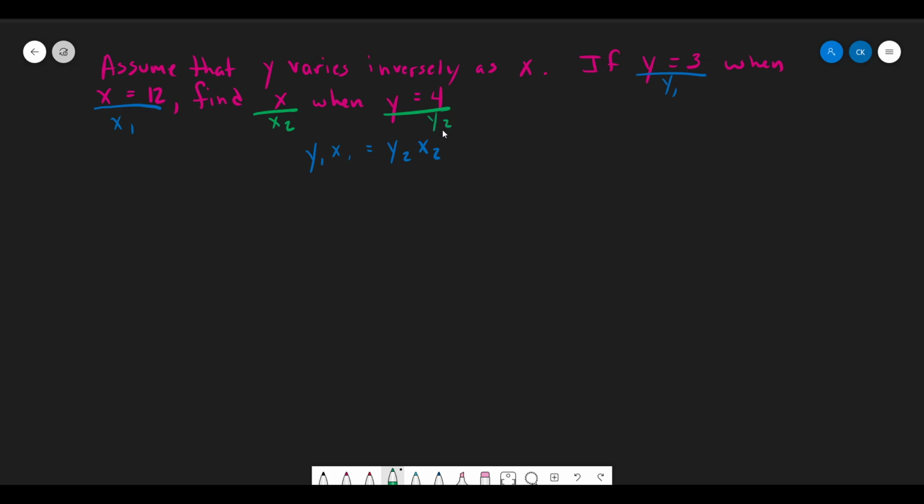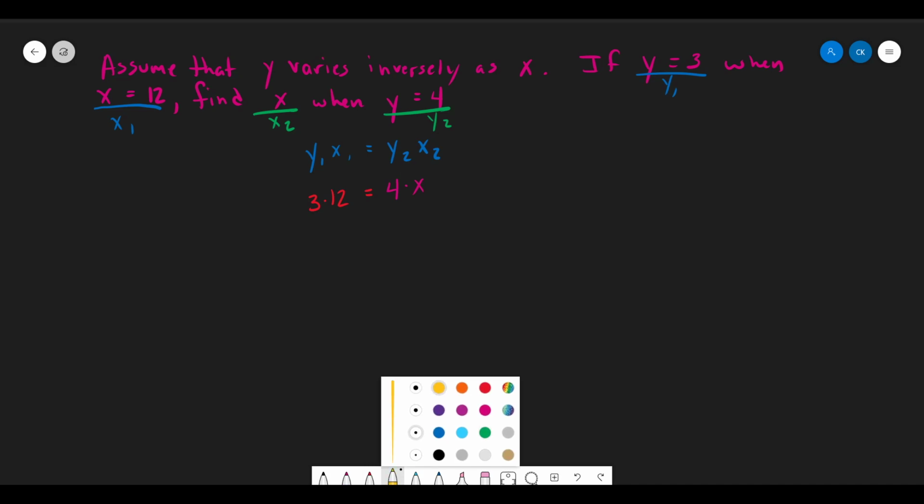So you just have to keep the numbers together with the first and the second concepts. But now all I have to do is just place it into this equation. So I'm going to say, all right, y1 is 3, x1 is 12, y2 is 4, and x2 is x. And now I just solve it.